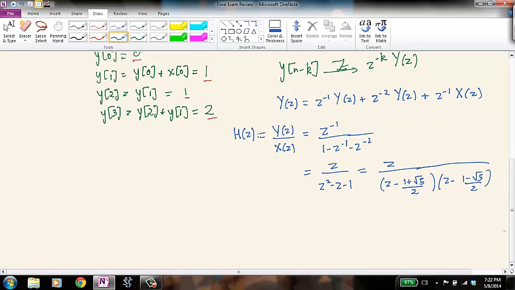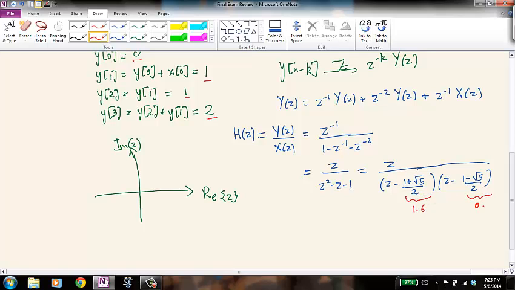So if you draw a pole zero diagram, so we have real part of z and imaginary part of z. So this number is roughly 1.6.